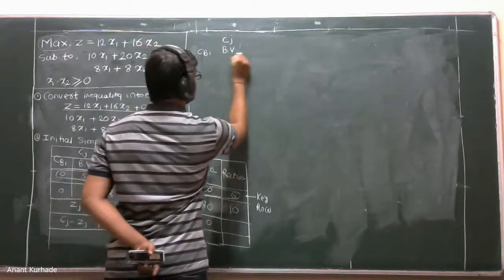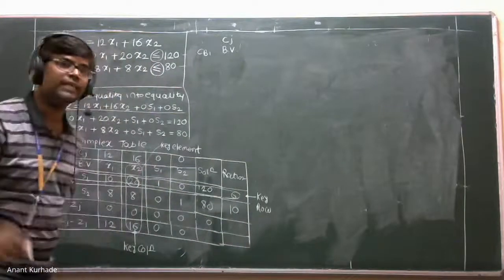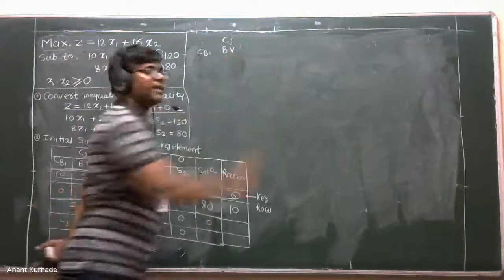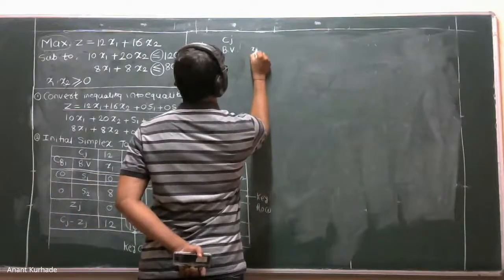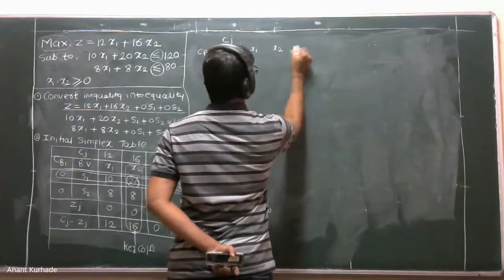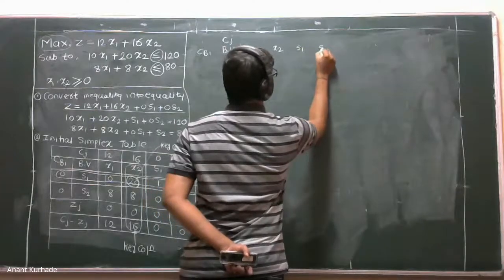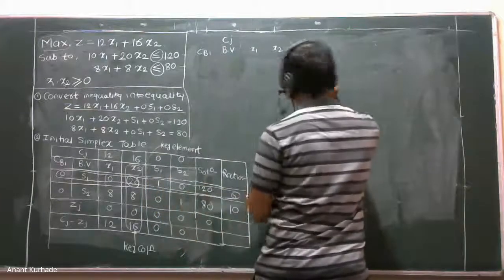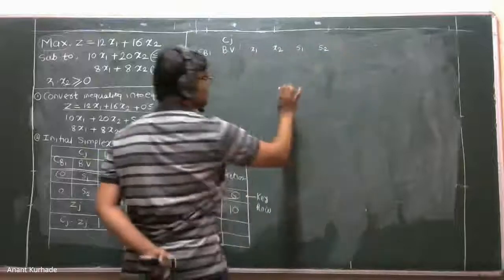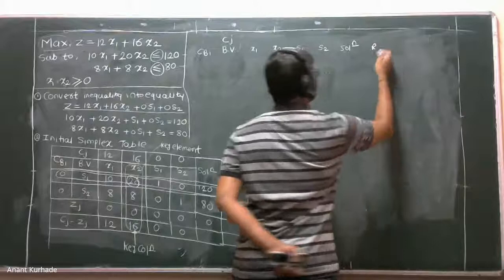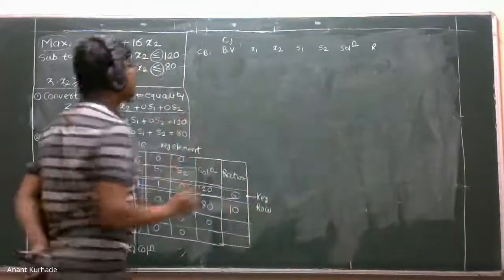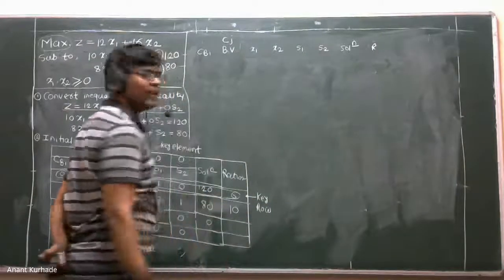Now, towards the right side of basic variable, what we are writing? Variables of objective function. So it is x1, x2, s1, s2. Write down also solution and ratio, R only.